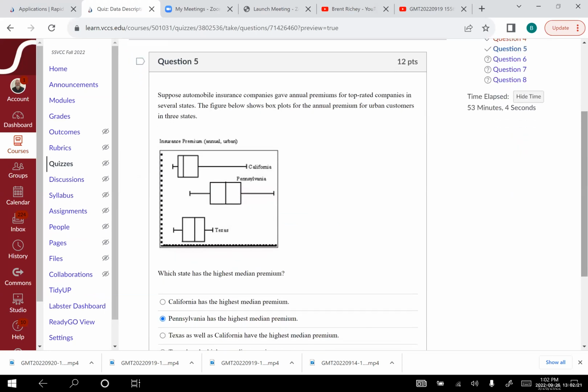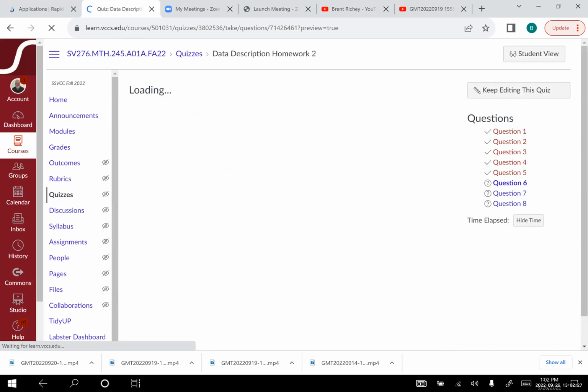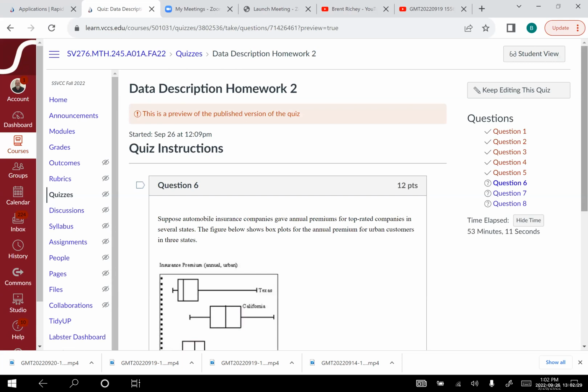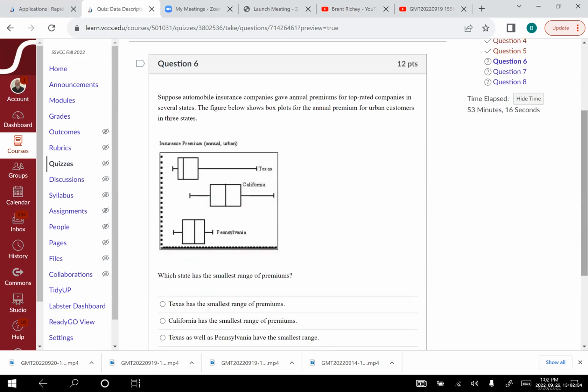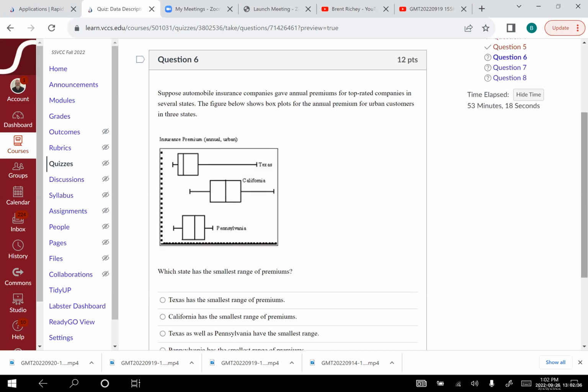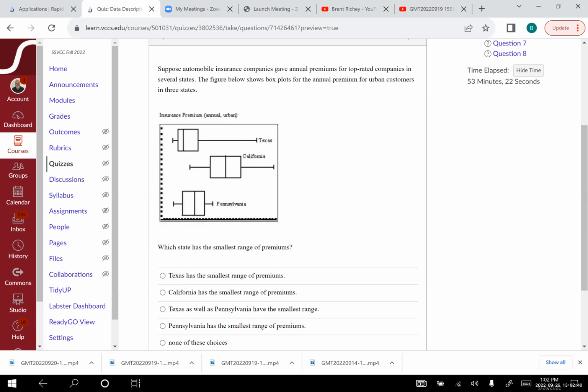Then we did the highest median. You guys got that right away. Who has the smallest range of premiums? Now, this is just the range. Maybe Pennsylvania. Very good.